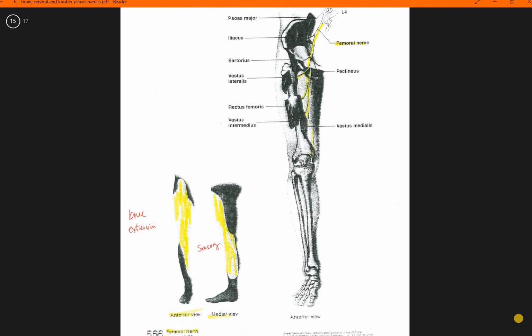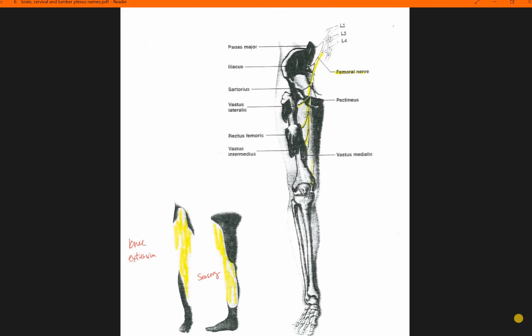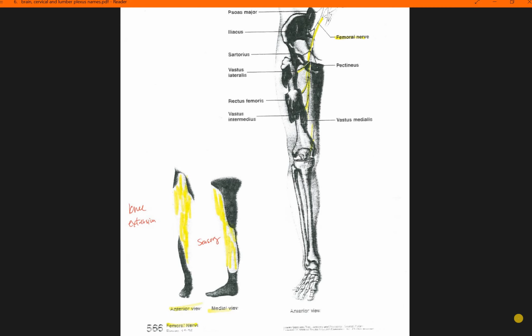The femoral nerve, which is also the L4 nerve root area, comes down and innervates the quad muscles, overall quad muscles. So you'll muscle test the quad, have them resist you as they contract their quad. The sensory is this distribution pattern here, basically the quad and over the patellar area.